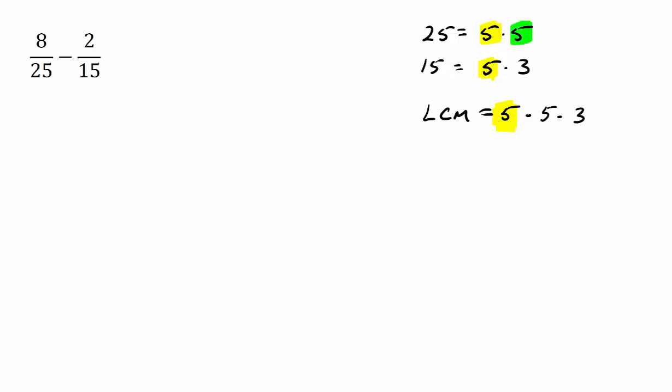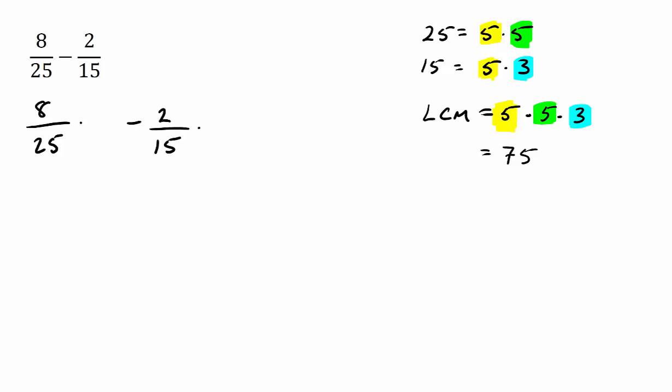So I'll put each of those into that lowest common multiple as well, because that's going to end up being my lowest common denominator. And so if I multiply that out, 5 times 5 is 25, 25 times 3 is 75. I know that I can bring 25 and 15 both up to 75. So I'm going to figure out what one do I need to multiply by.